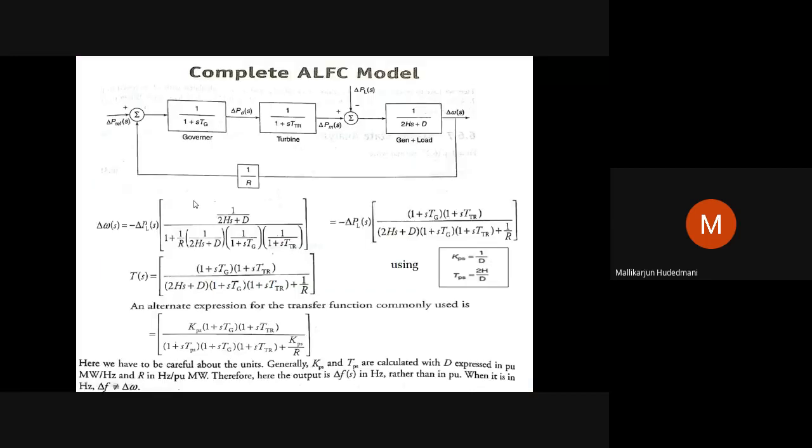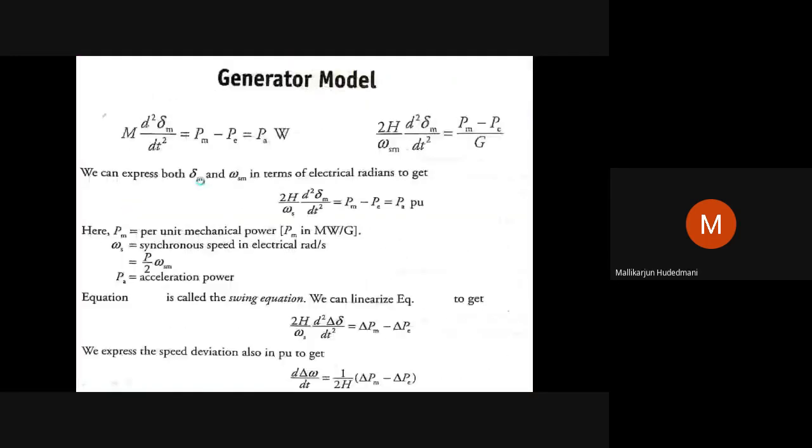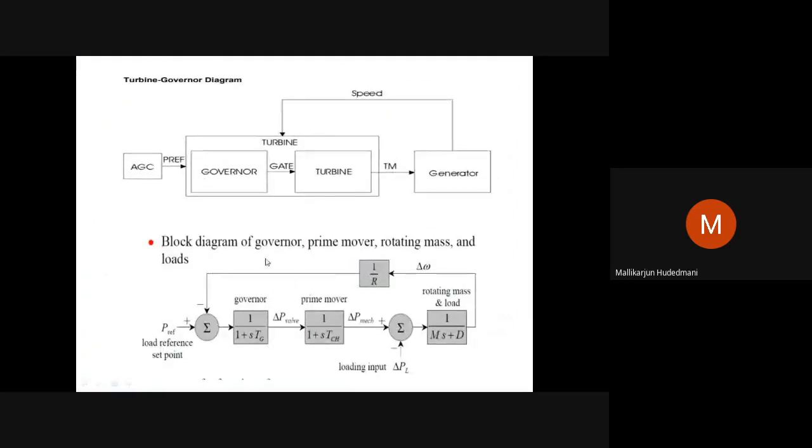Now, I'll take you back to the first slide of mine. There I have a lot of information for you. So come back to this point. Here you have a generator, you have a feedback, and this feedback is taken up by the governor and turbine mechanism to change the mechanical input such that the generator copes up with the requirement.